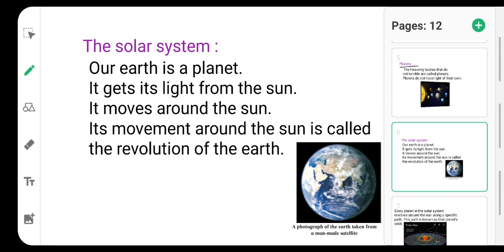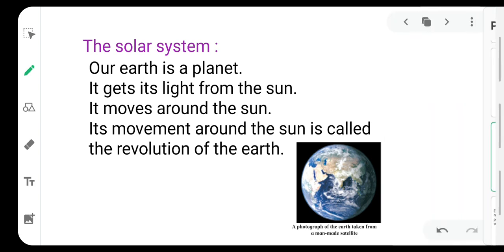Do you know, students, that besides Earth there are 7 other planets that revolve around the sun, and they are Mercury, Venus, Mars, Jupiter, Saturn, Uranus, and Neptune.